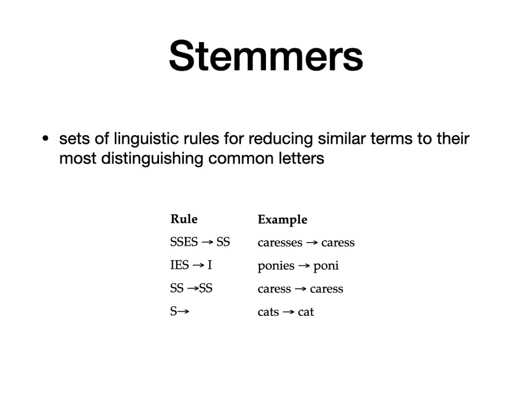So to make stemmers, it's sort of an easy text cleaning process. You don't have to know this. This is like context-free grammar notation. This is a set of linguistic rules for reducing the terms to common letters, right?